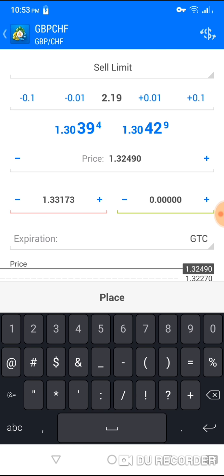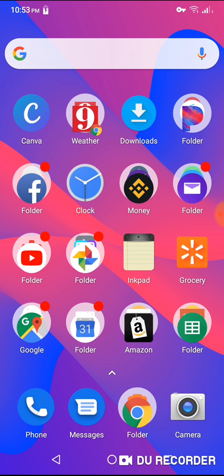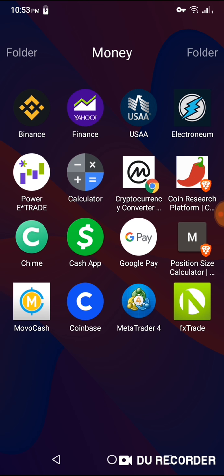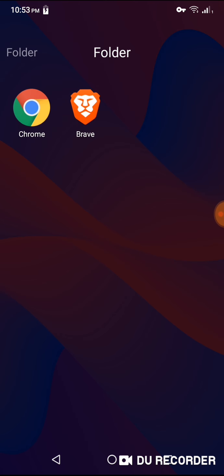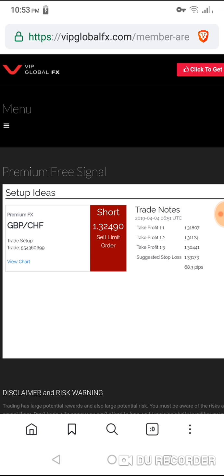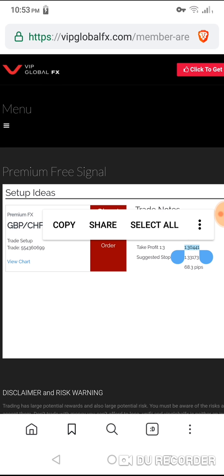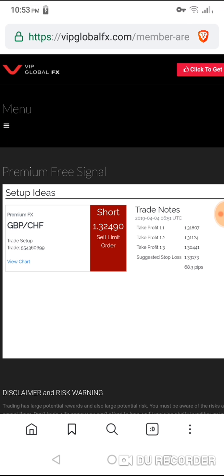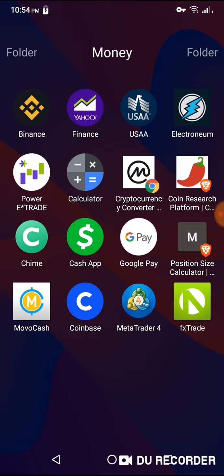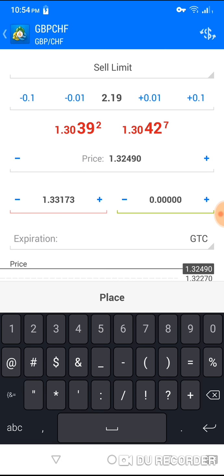The green line over to the right is going to be our take profit. So let's go back to our trade setup page. And we want take profit 3. Copy that. Go back to our MetaTrader 4. We're going to paste that in.